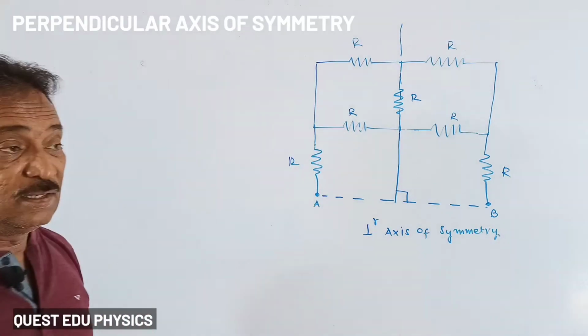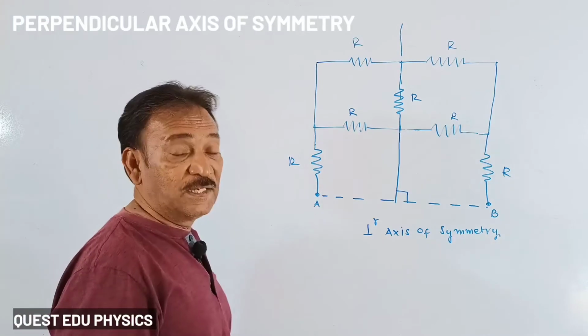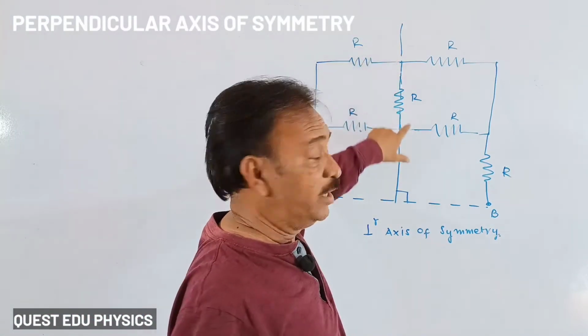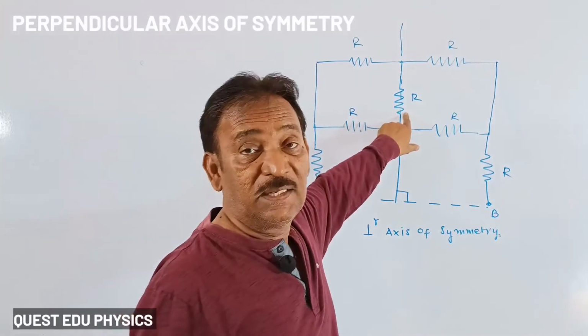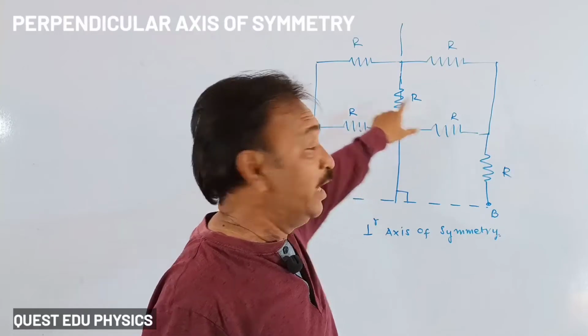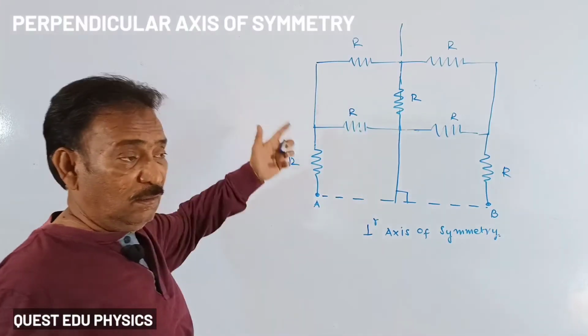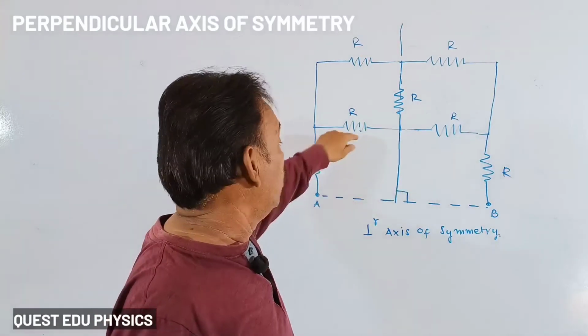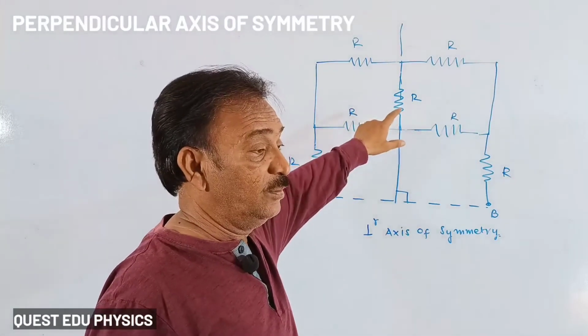Here in this case, we have to remove the resistor which is along the axis of symmetry. Means this resistance has to be removed. In the previous case, what we did was the same thing: we removed the resistance which is perpendicular to the axis.